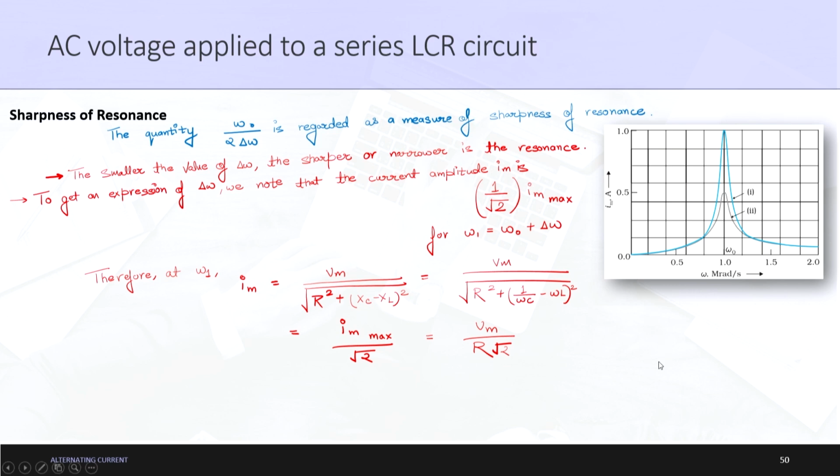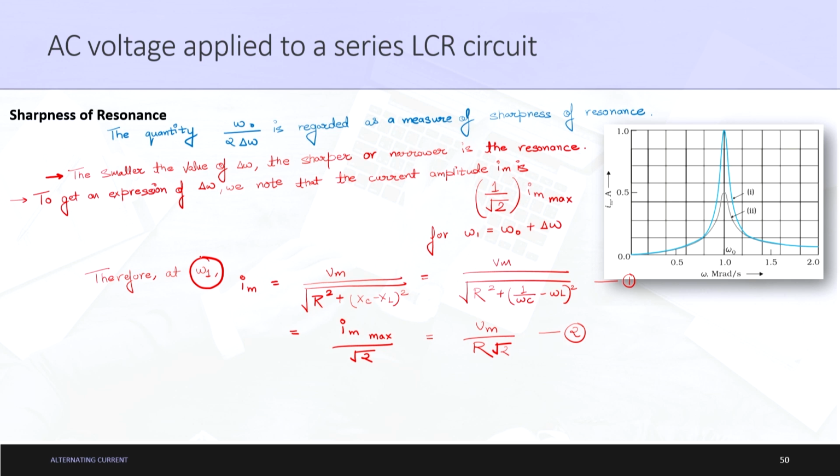Next thing is, in the place of R root 2, if you try to equate the above quantity and the below quantity, from equation number 1 and equation number 2, what can we write? Basically those are the same equation, the only difference is that the 1 upon omega c minus omega L was equal when omega is equal to omega naught, but we are talking about omega 1.